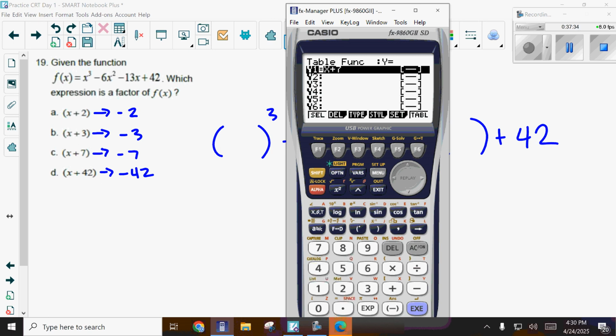So I'm going to put in x to the third power, and then minus 6x squared minus 13x, and then plus 42.